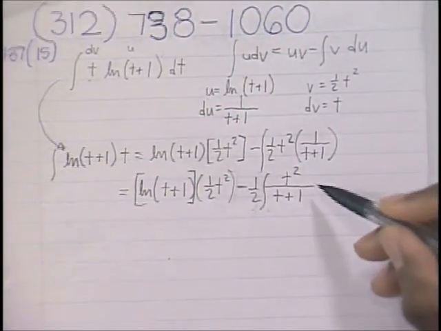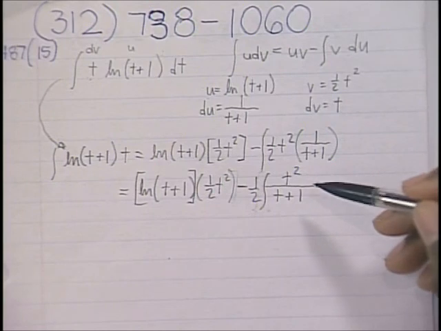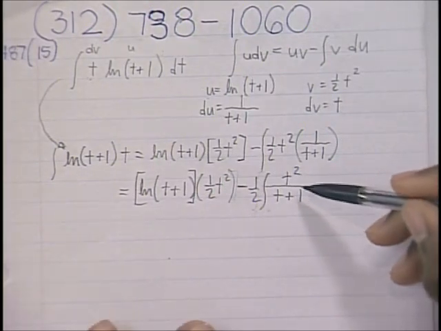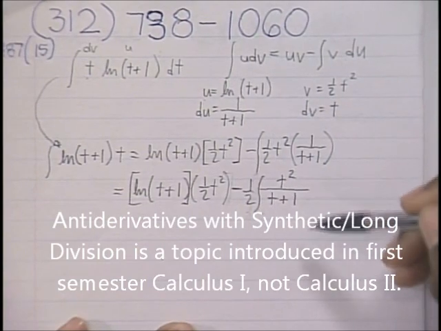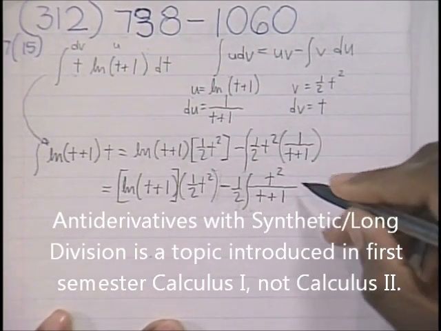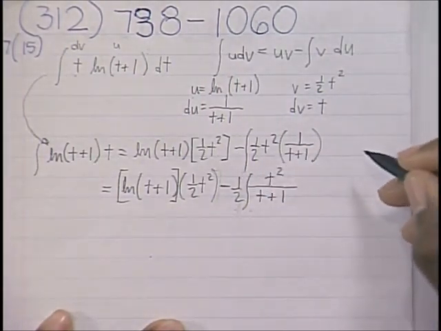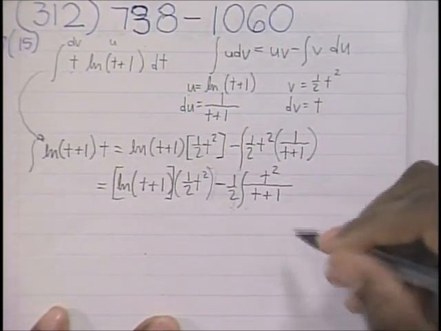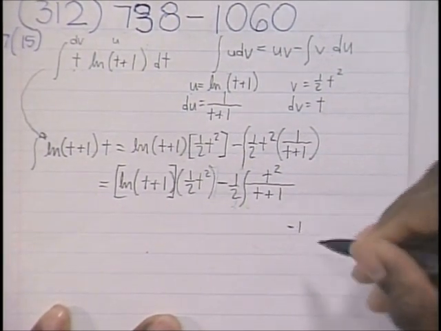So now it appears as though, as I look at this, one way you could take the antiderivative of this is to use an algebra or a Calc 2 technique where you use long division or synthetic division. I think that might be the way I would try to take the antiderivative of that. It looks like the easiest way. So you use synthetic division.